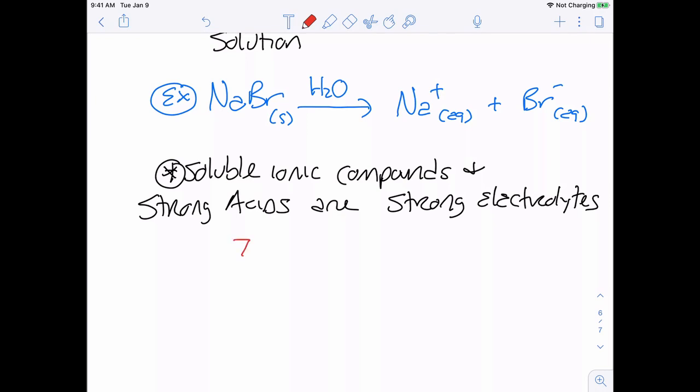So there's 7 strong acids. And these are going to be HCl, HBr, so hydrochloric acid, hydrobromic acid, and then HI, hydroiodic acid.